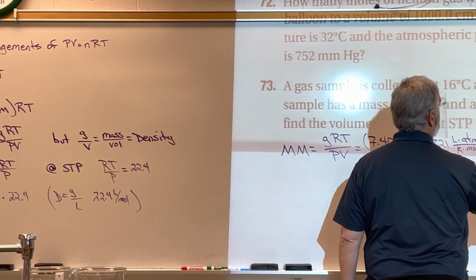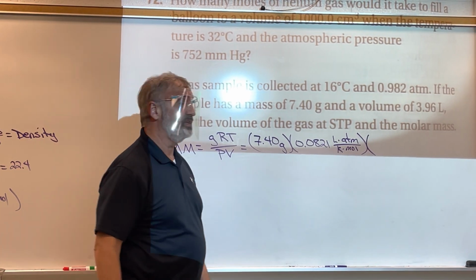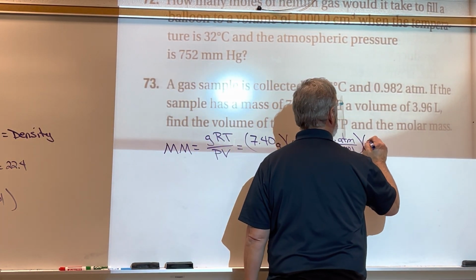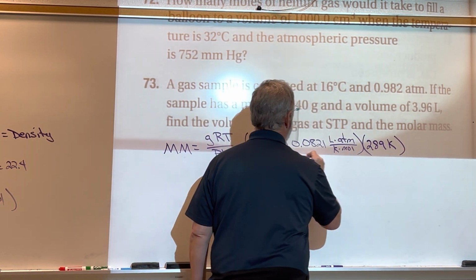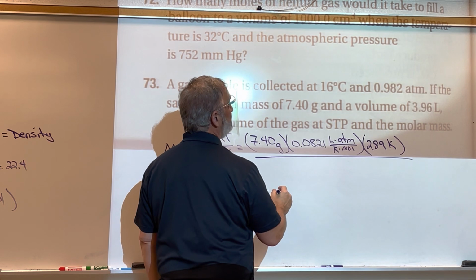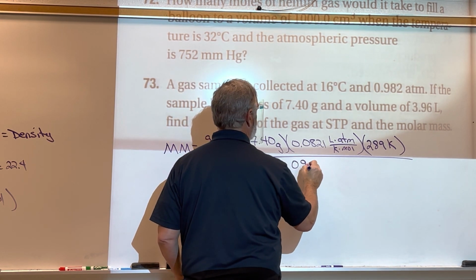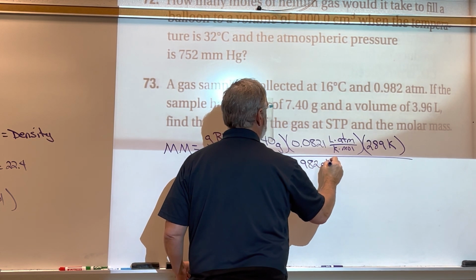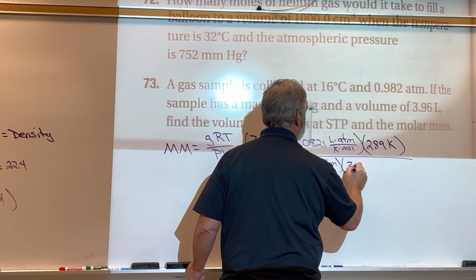Times the temperature, 16, but we've got to change it to Kelvin, to 289, divided by the pressure and the volume, 0.982 atmospheres, times the volume of 3.96 liters.